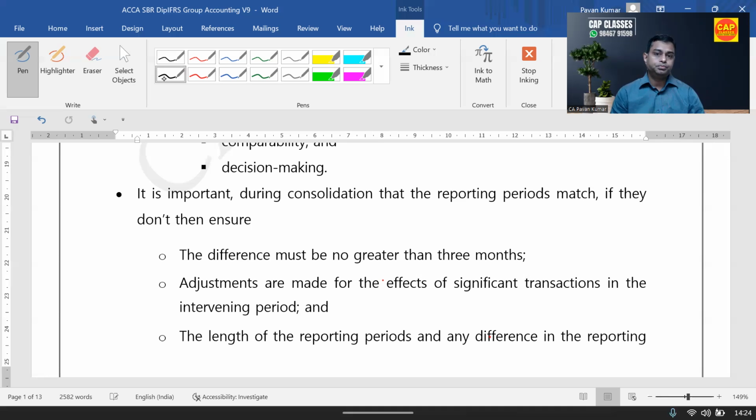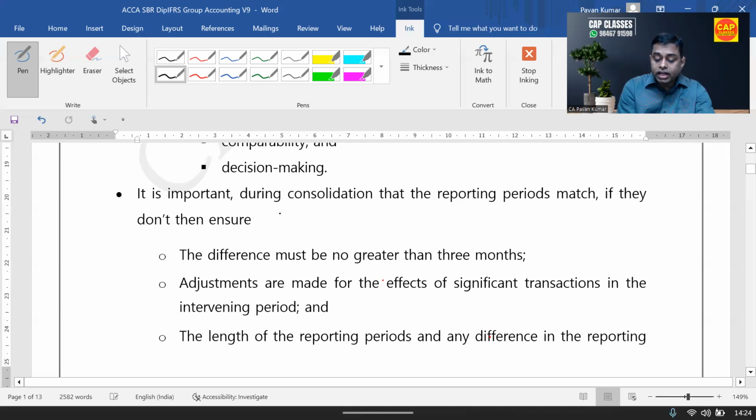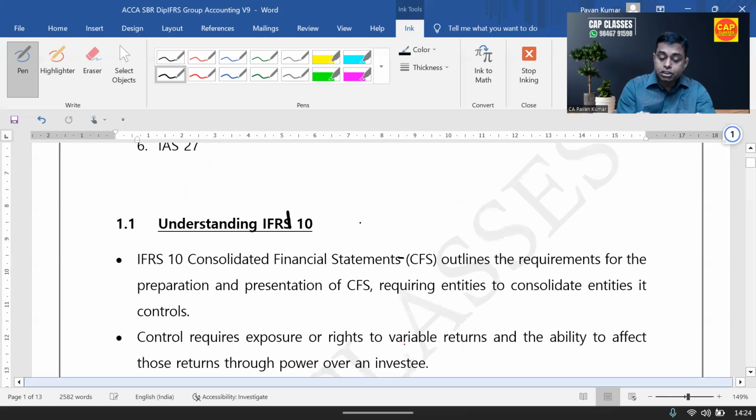Point number one. Point number two. Imagine if I am having 31st March in the case of one company, and if I'm having 30th June in the case of another company, there is a 3 months difference.